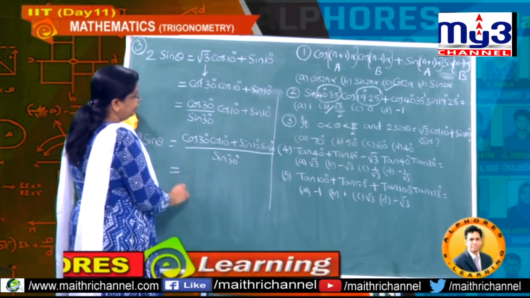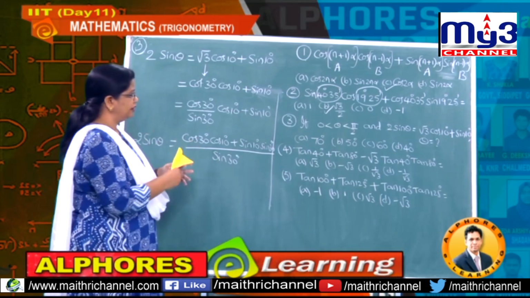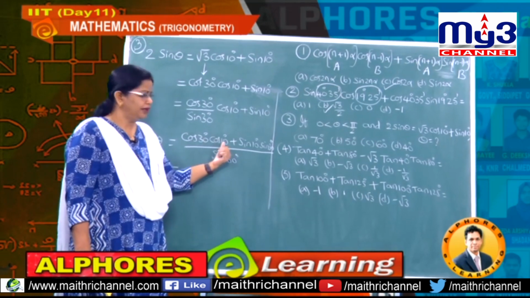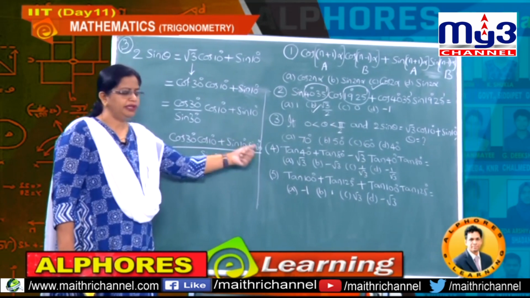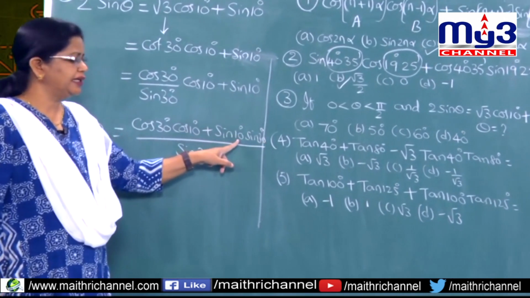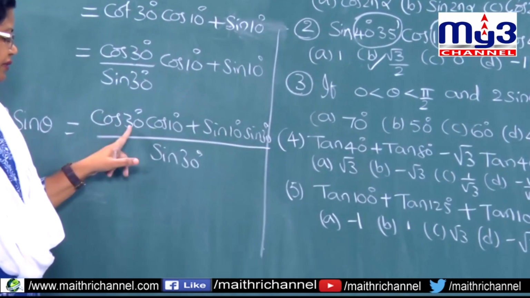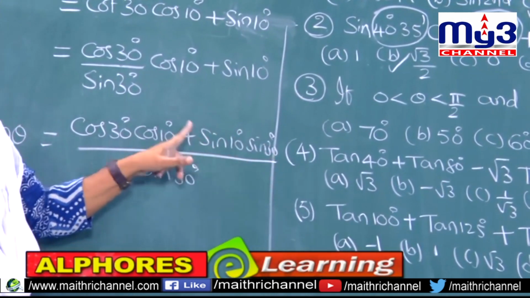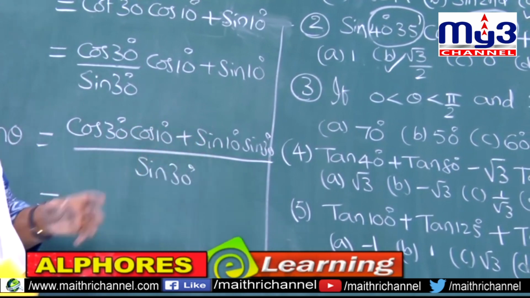Now this is equal to the numerator. Observe clearly, it is of what form? cos A cos B plus sin A sin B, with 30 degrees and 10 degrees, again 30 degrees and 10 degrees. Therefore it is of the form cos A cos B plus sin A sin B, hence cos of A minus B.